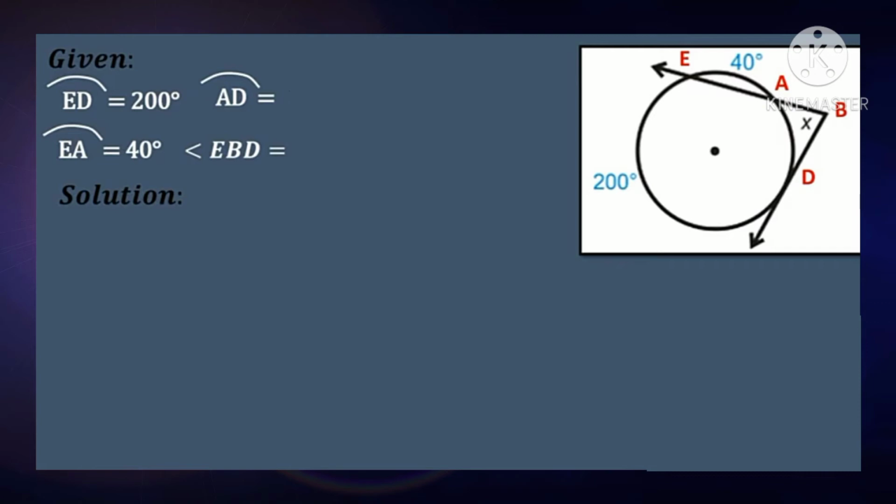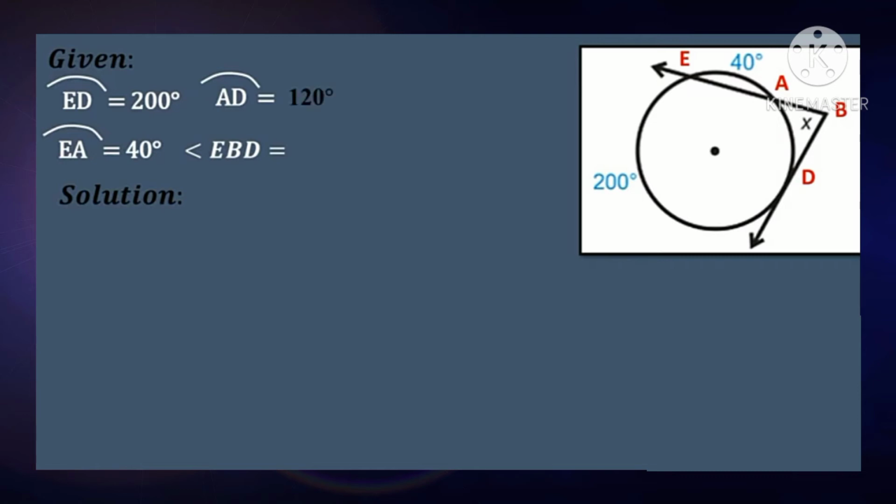So 200 degrees plus 40 degrees is 240 degrees. We all know that the measure of a circle is equal to 360 degrees. So 360 degrees minus 240 degrees, the measure of arc AD is equal to 120 degrees.